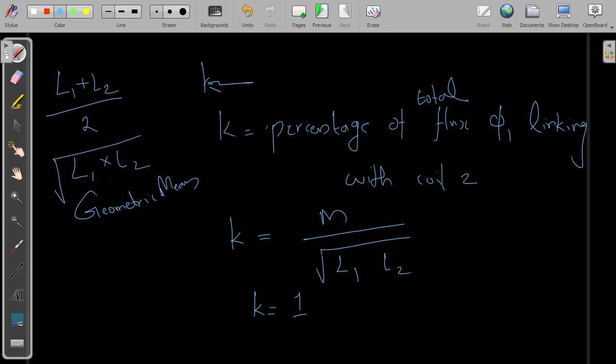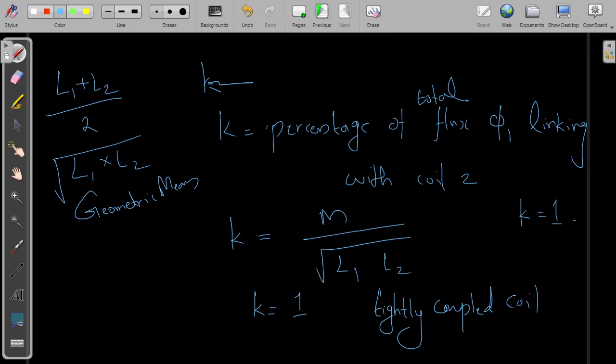Such coils are said to be tightly coupled or closely coupled coils. So in our examination, if the examiner asks for tightly coupled coils or closely coupled coils, then you take coefficient of coupling K equal to 1.